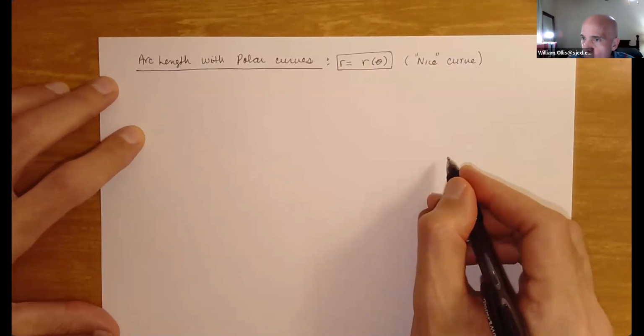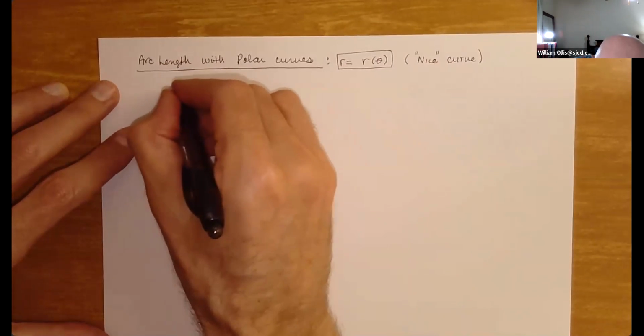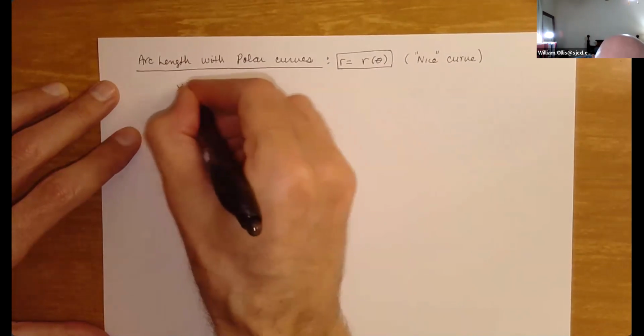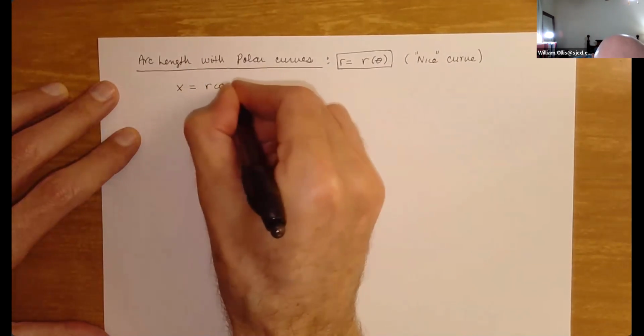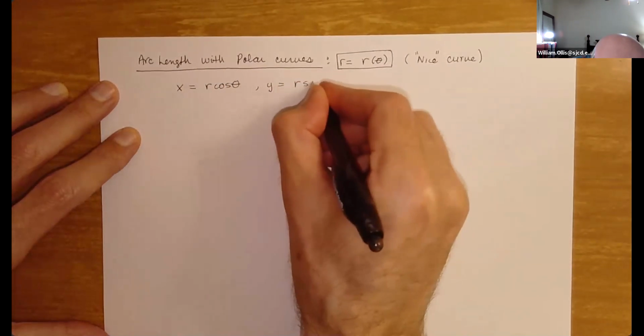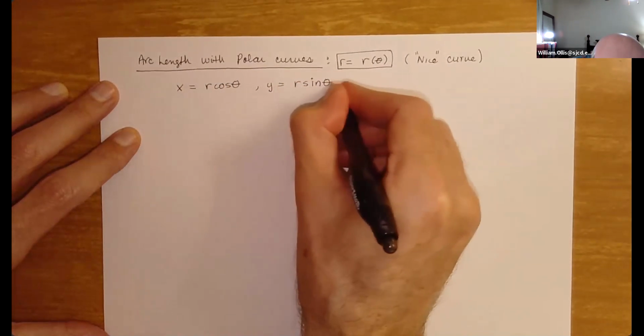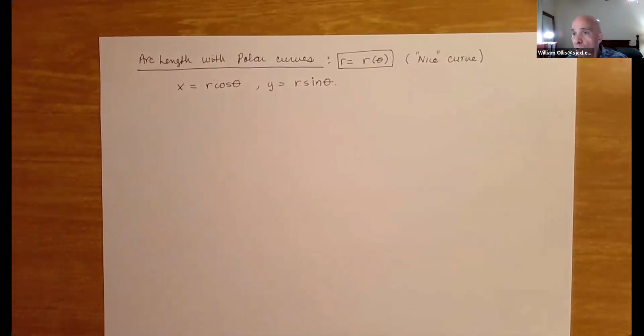When we're doing arc length, we know the polar coordinate transformation: x is r cosine theta, and y is r sine theta. You'll use this in Cal 3 until you're sick of it, but it will be your bread and butter. Polar coordinates are, like I say, very important.